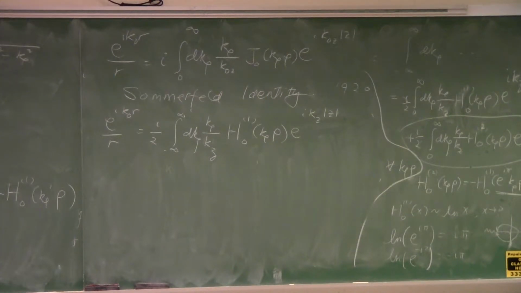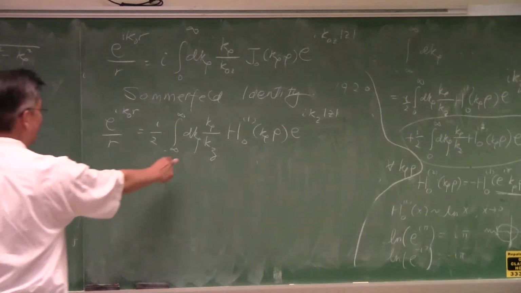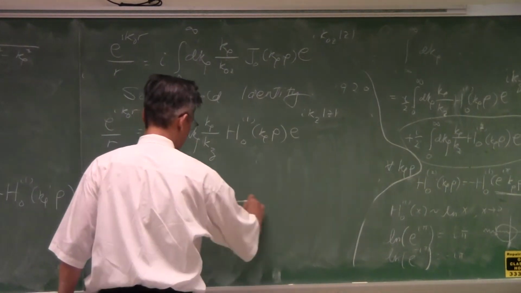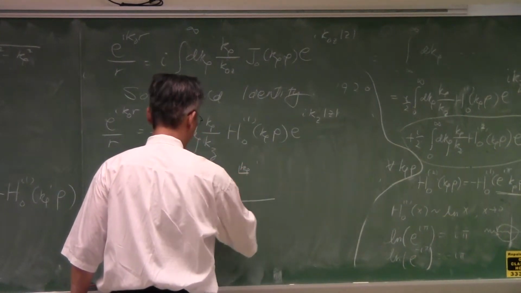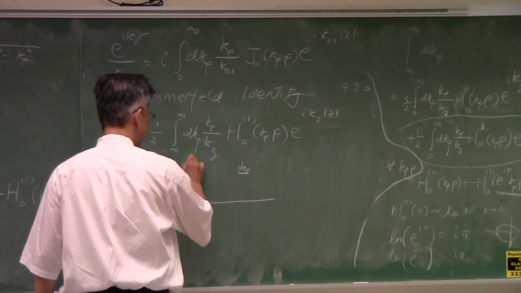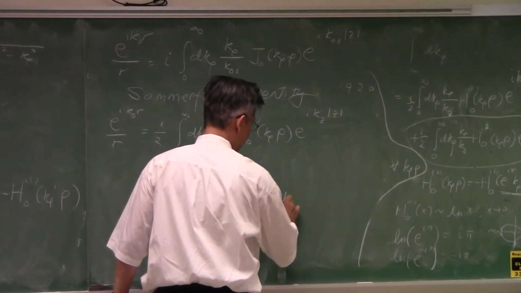K rho was originally a positive number, and it's now replaced by a negative number times another negative number, which means that I go in the clockwise direction. So if I have a complex K rho plane, this is the imaginary axis, and this is the real axis.